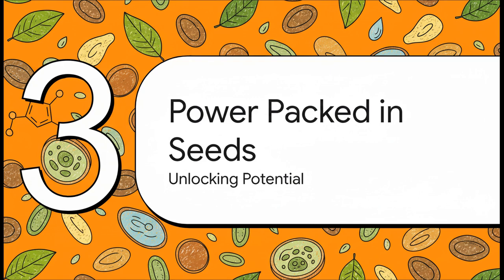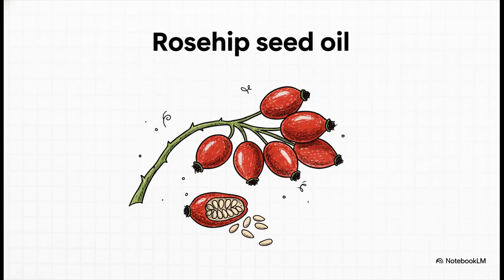All right, let's journey to a whole new region on our map, the world of seeds. You know, seeds are just incredible. They are literally the starting point of a new plant, which means they are often these concentrated little powerhouses of unique fatty acids and all sorts of other amazing compounds. A total classic from this category is rosehip seed oil.